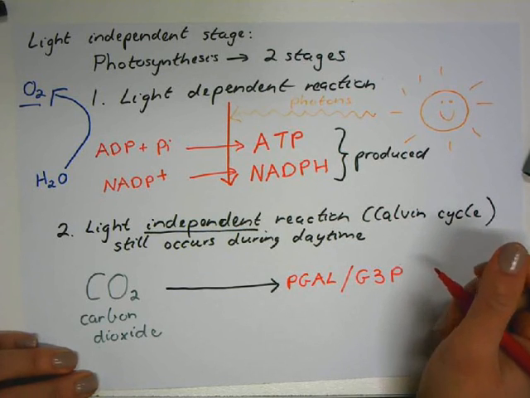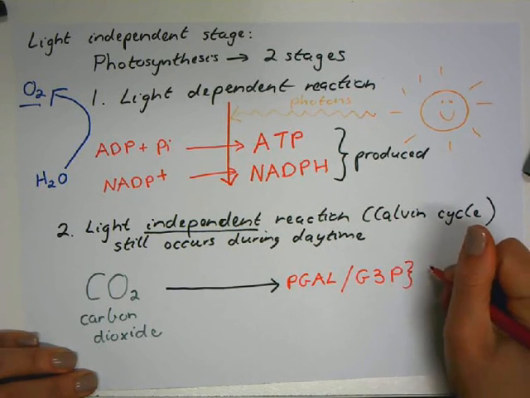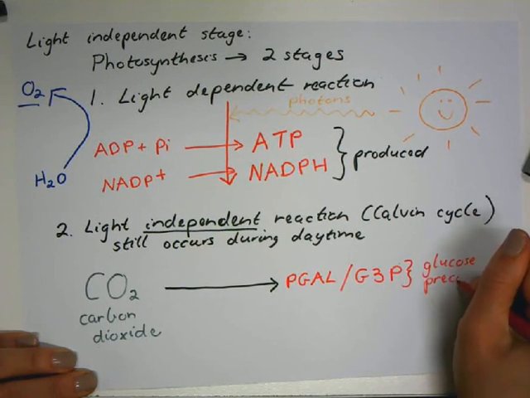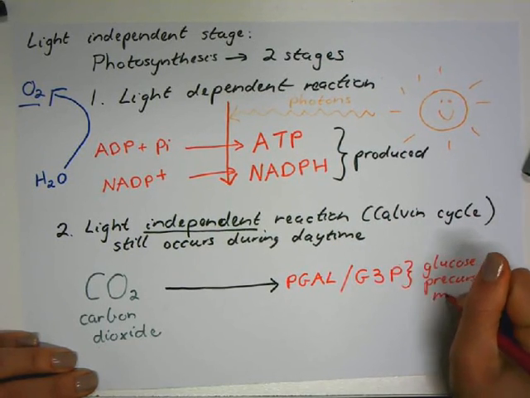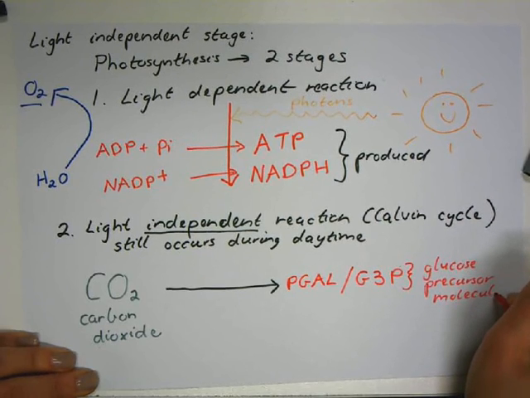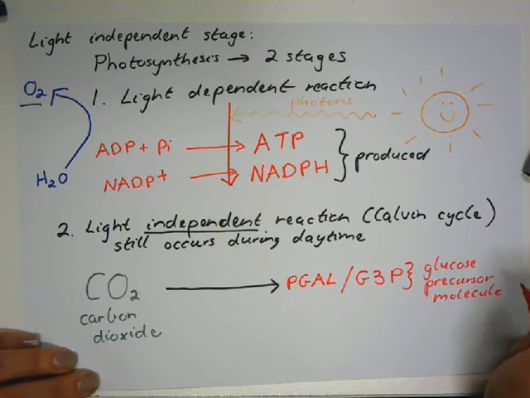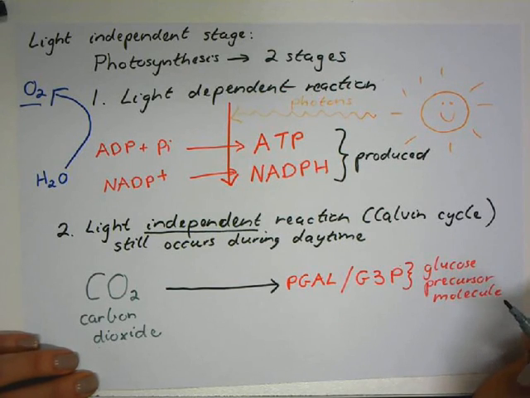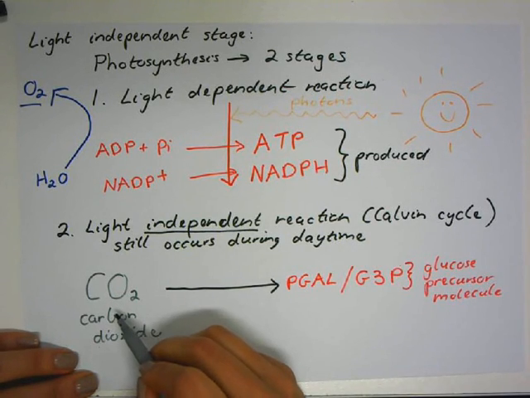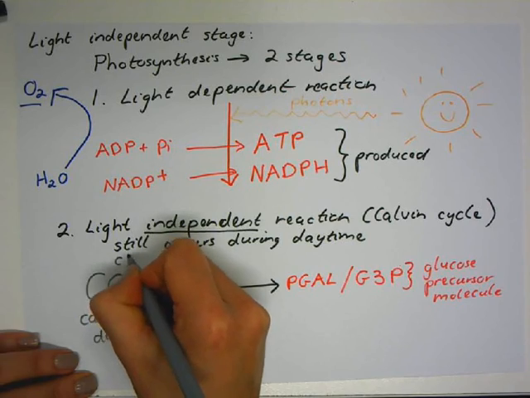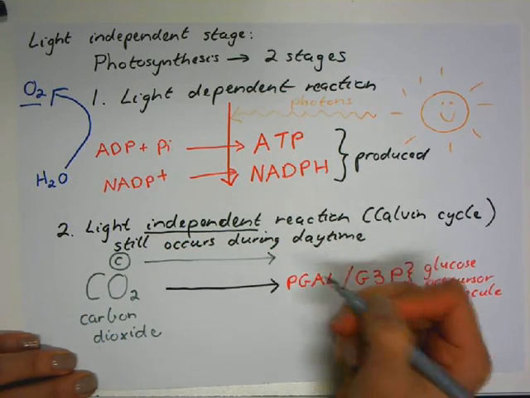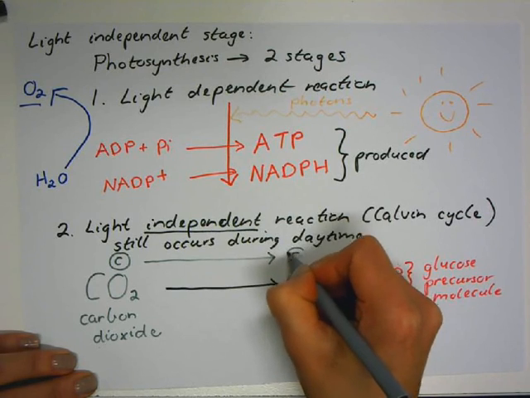Now, PGAL is actually the glucose precursor molecule. That means that PGAL will get made into glucose. If we follow the carbons here, it might clear this up a little bit. Carbon dioxide has one carbon and two oxygens, and these get joined together to form PGAL.